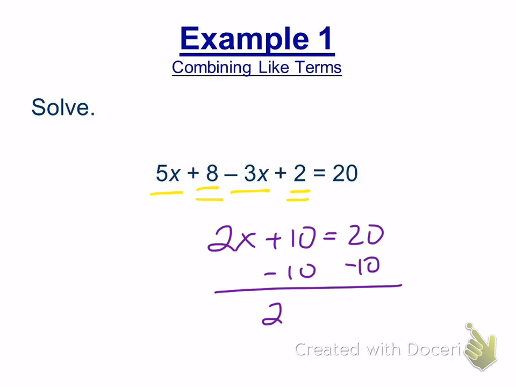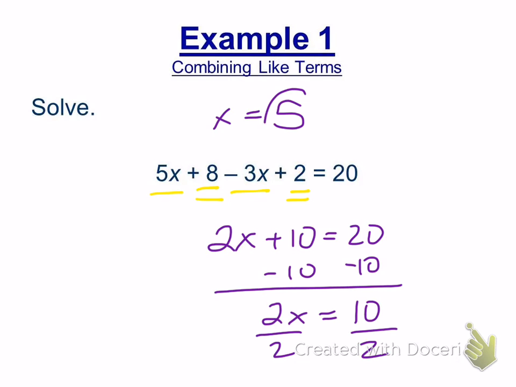Remember, I want to see process. 20 minus 10 is 10. Divide both sides by 2, you get x equals 5. Now, could we check this? Yes. How do you check equations?